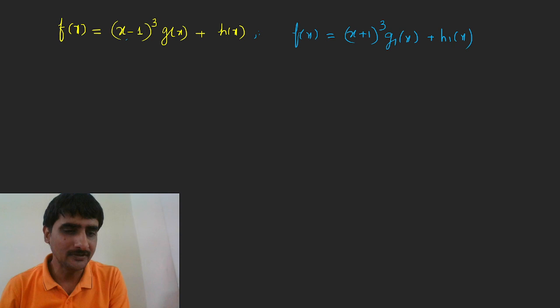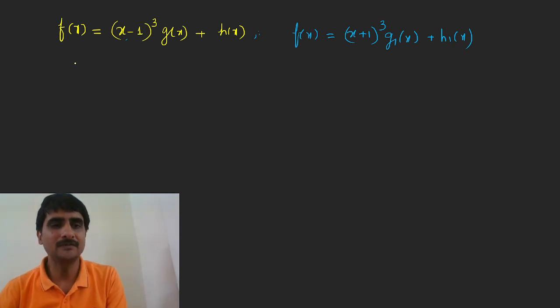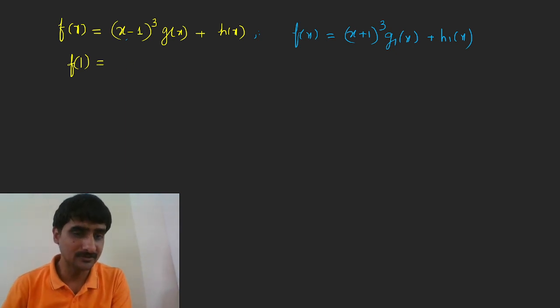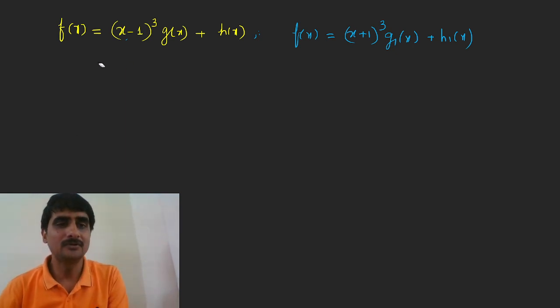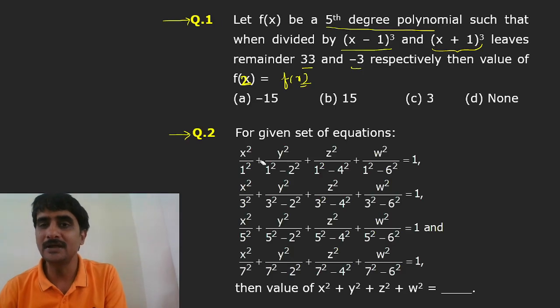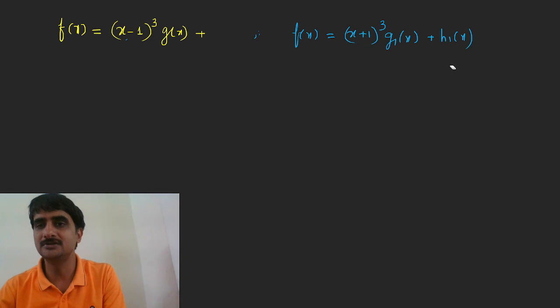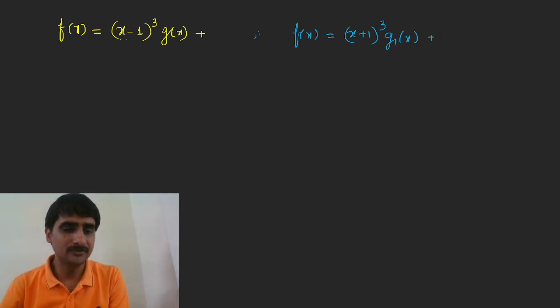Now see, what are we given? We are given, I'm really sorry here, it is said that when it is divided by (x minus 1) whole cube, the remainder is 33, so it's h of x we know, and this is 33 here.